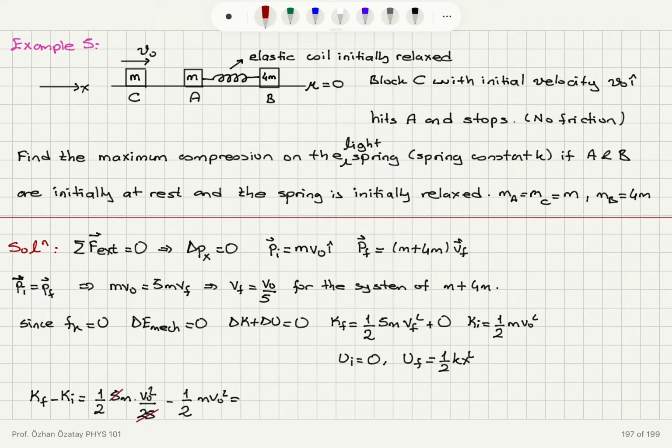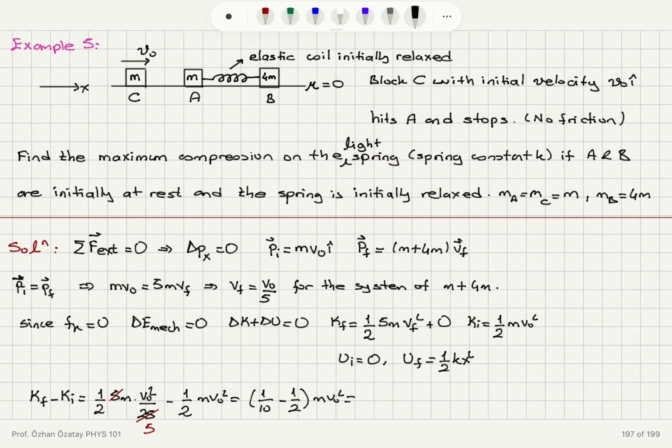This 5 will cancel against the 25 and make it 5, so 1 over 10 minus 1 over 2 m v0 squared.